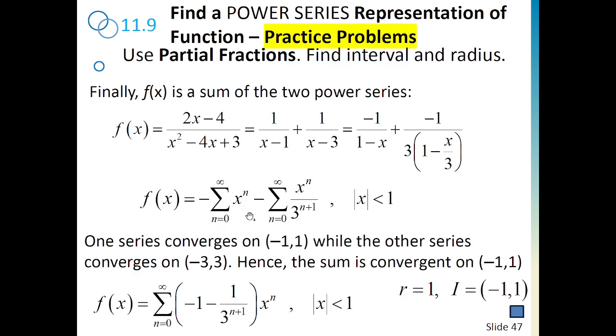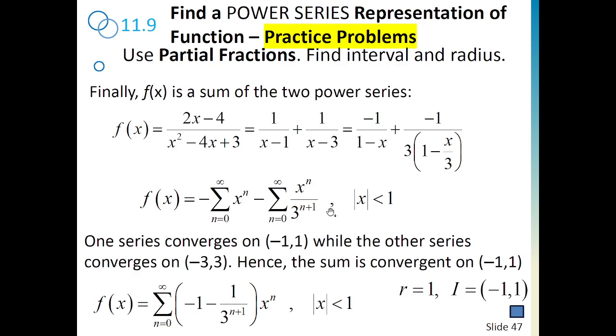So basically, in order for this function to be equal to a series, we need to say, okay, since this series is convergent on a smaller interval, the entire summation will be convergent only on a smaller interval. So we essentially have the intersection of intervals of convergence, right?